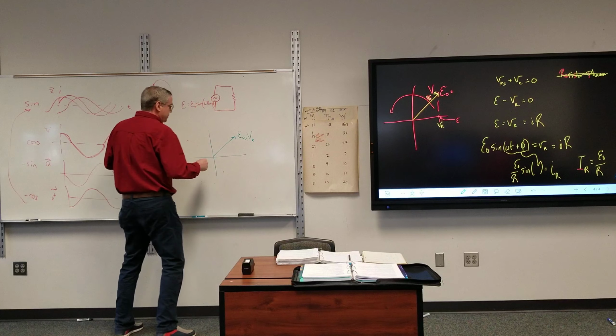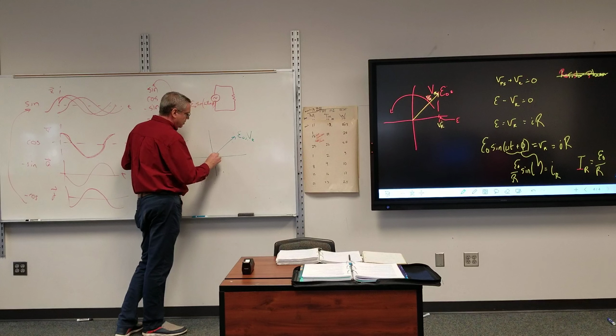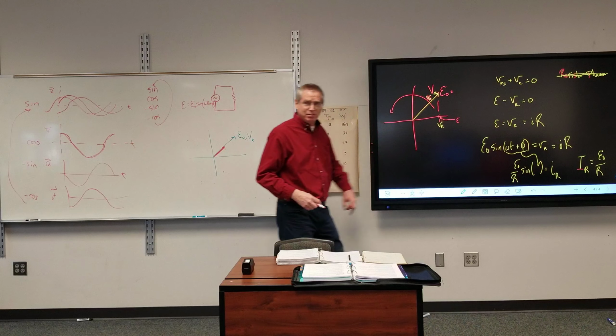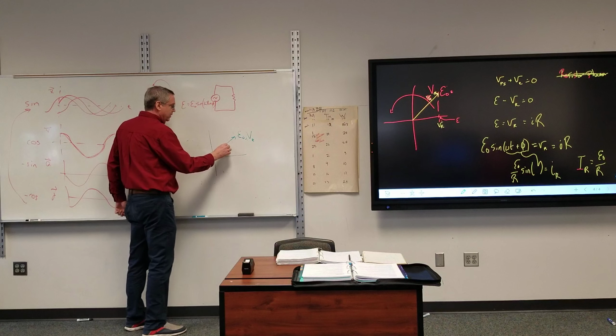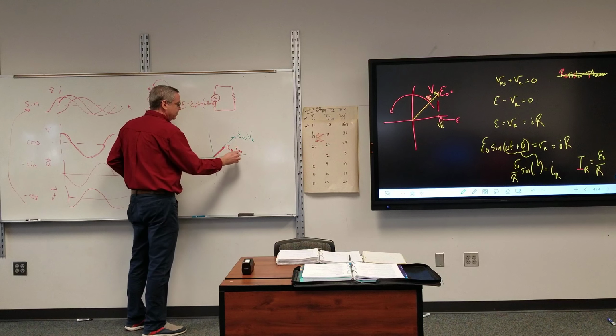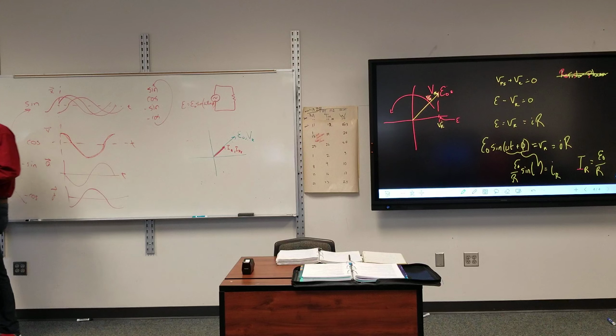And I have a current phasor, which also is completely in sync with it. It's still sine of omega t plus phi. And this would be the current coming out of the resistor, which is also the current from the power supply in this particular case.